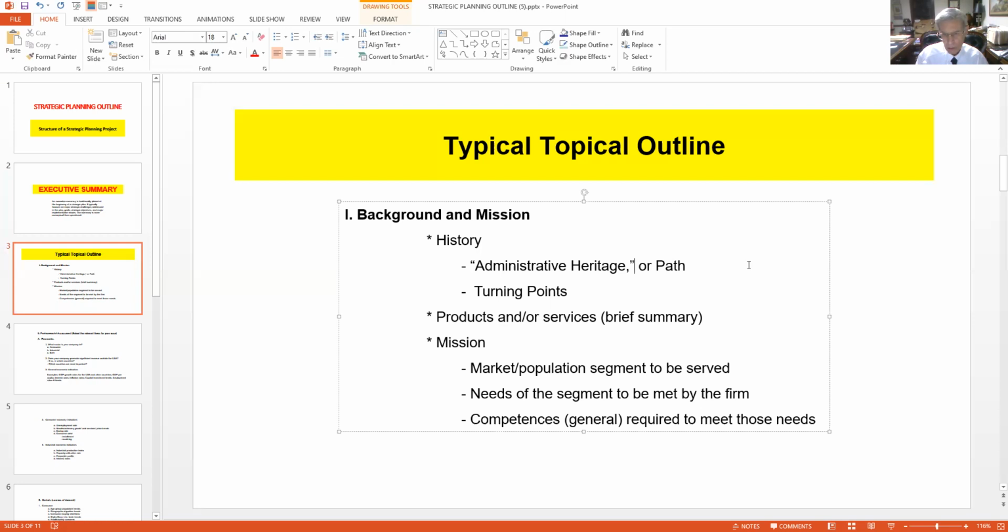Maybe there's a major merger or acquisition that adds to the company's scope and changes its dimensions substantially.